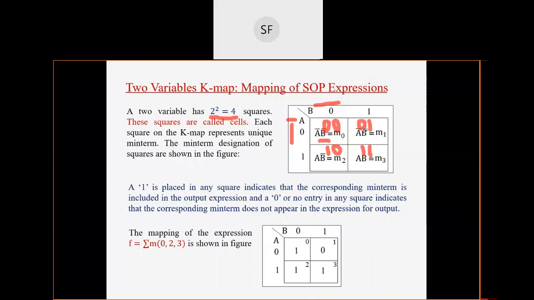Okay. Similarly here 0 1, so A bar, B. So whenever the value associated with your variable is 1, you have to take the uncomplemented form. मतलब सिंपली A और B लेना है आपको जब आपकी वैल्यू 1 है. अगर 0 है तो you have to take complement.